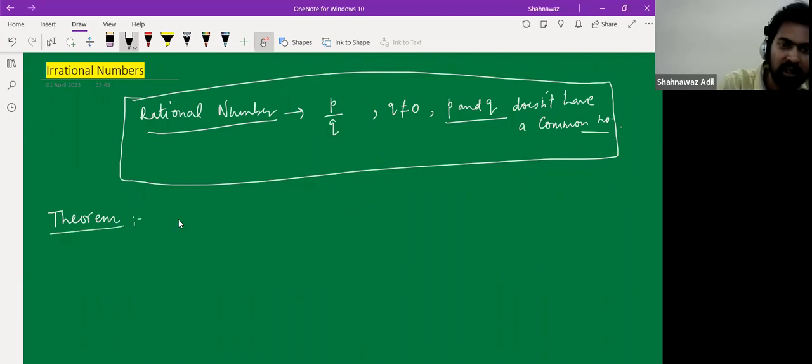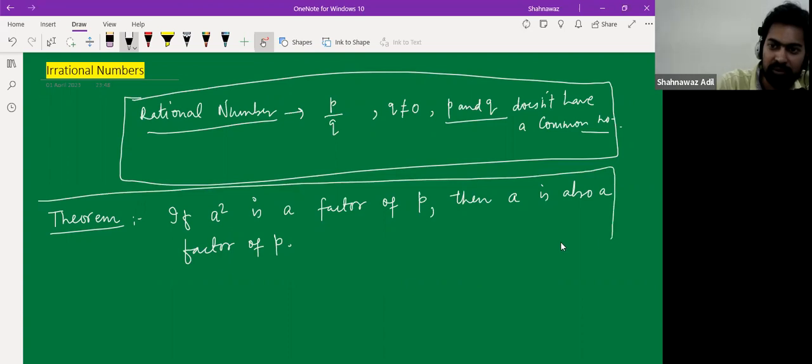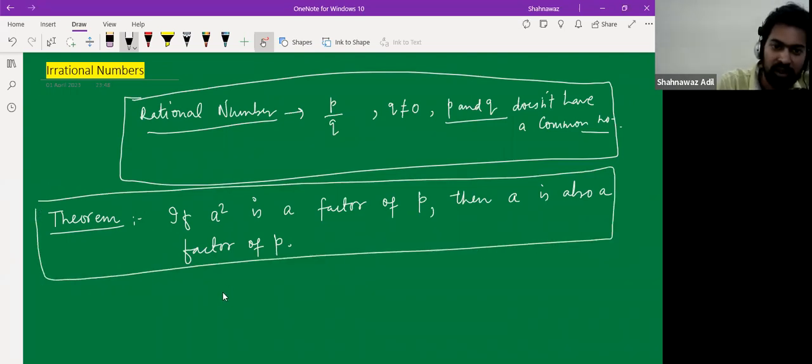The theorem is that if a square is a factor of p, then a is also a factor of p. Understood? Any doubt in this theorem?